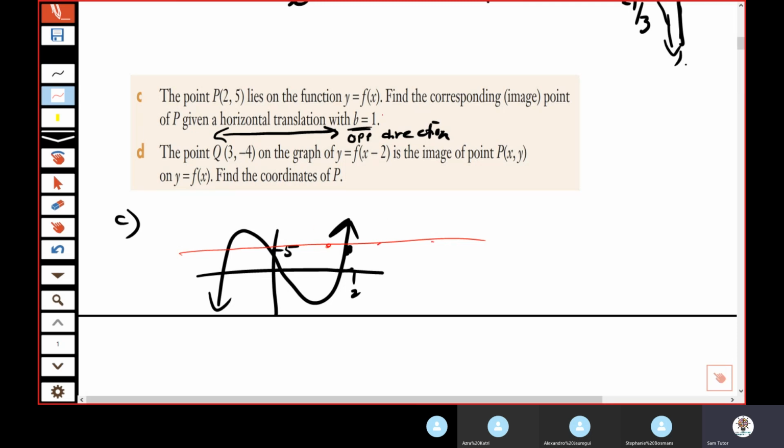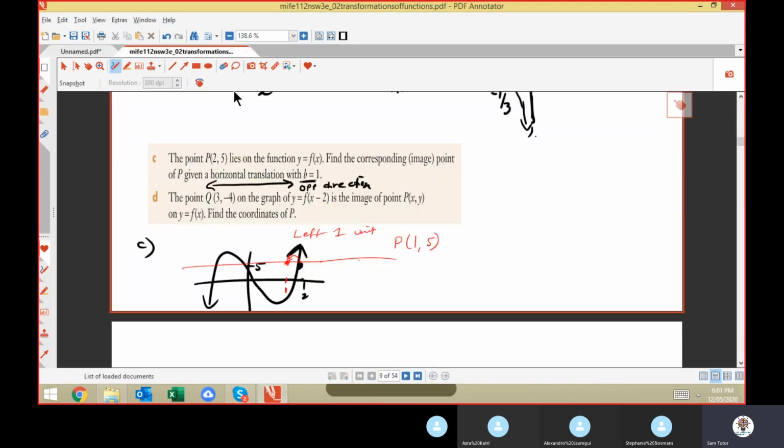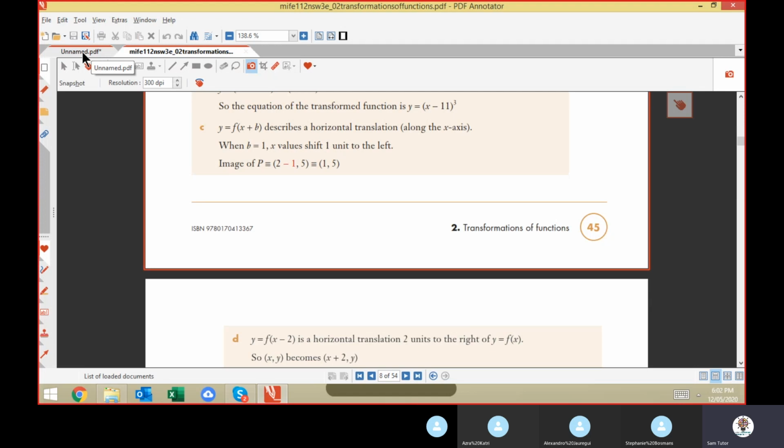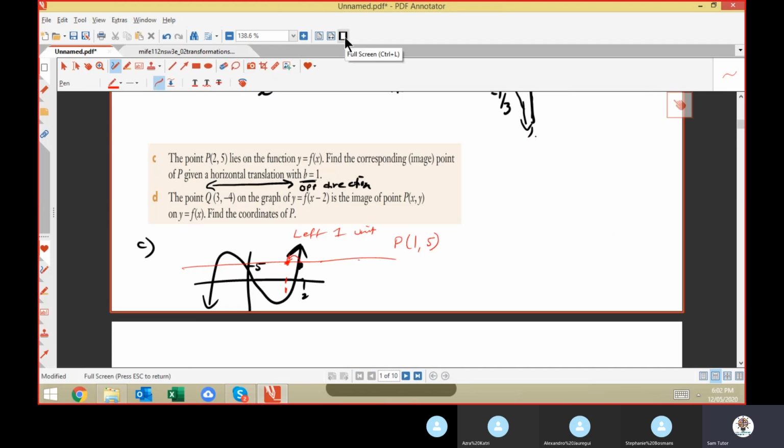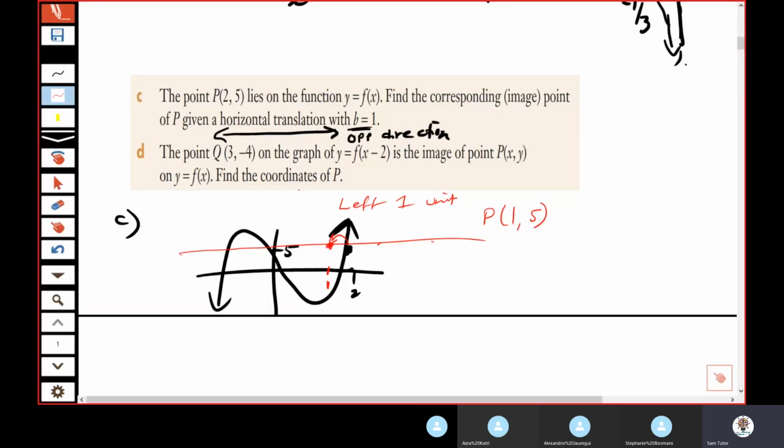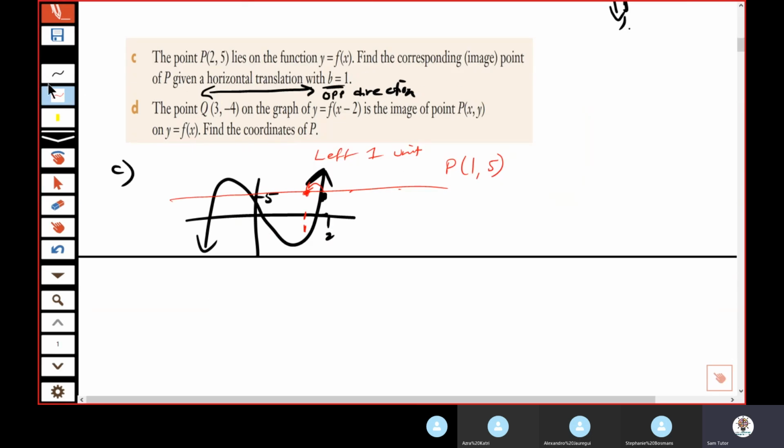If you're already at 2 and 5, and you're doing a horizontal translation with b equals 1, that means you're moving this whole thing to the left 1 unit. So your point P is going to shift right here. It's going to be at 1 and then 5. So P would be (1, 5). And just make sure. Yeah, perfect. Do we have any questions about that? Makes sense?